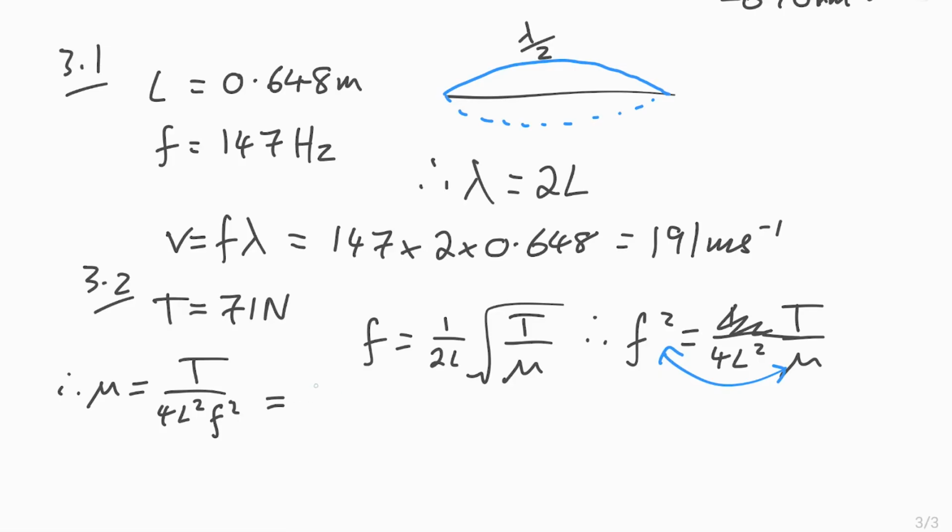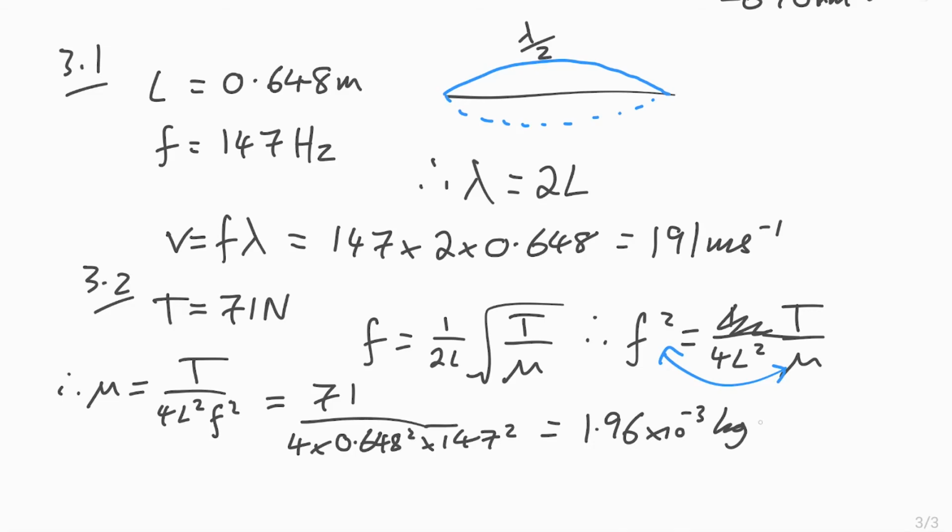Let's just find that out first, shall we? So 71 divided by 4 times 0.648 squared times 147 squared. And that gives us 1.96 times 10 to the minus 3 kilograms per meter, because of course that's what mu is.